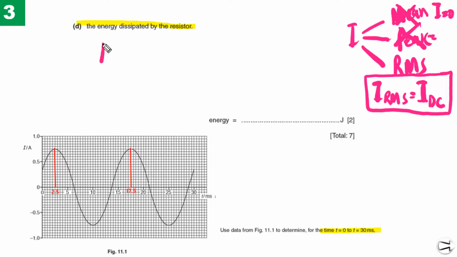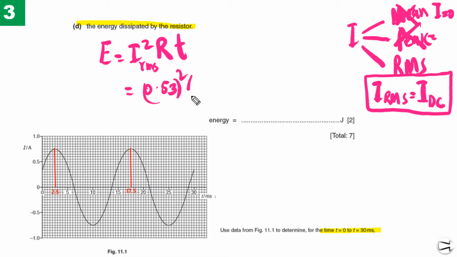So let's try to calculate energy dissipated now. Energy simply is equal to I squared R T. So we have time, we have resistance, and this value has to be I RMS. Now we just need to plug in values. The I RMS we have calculated was equal to 0.53.